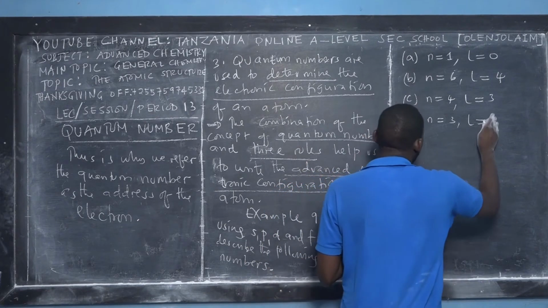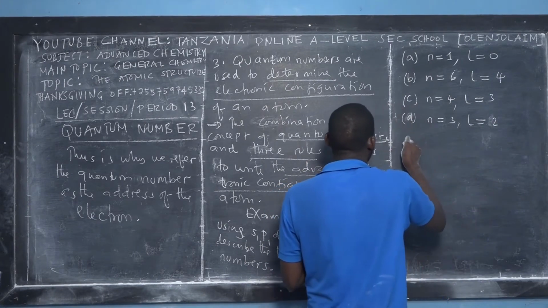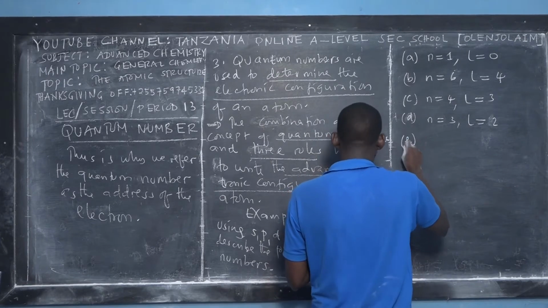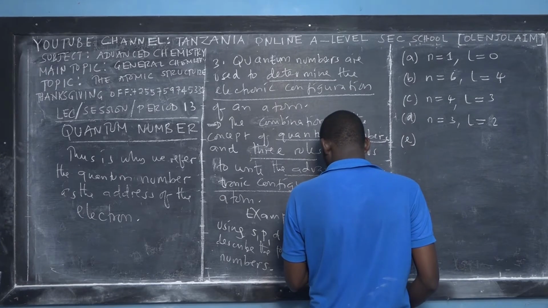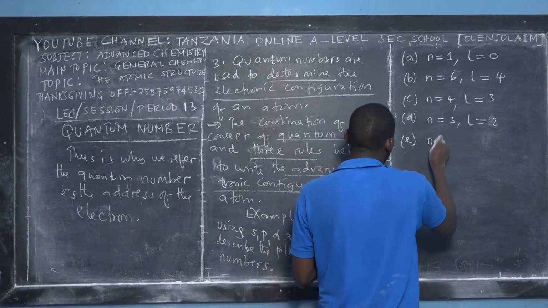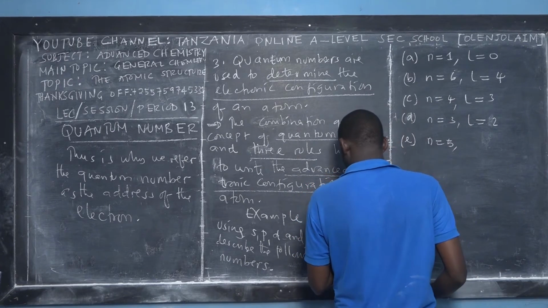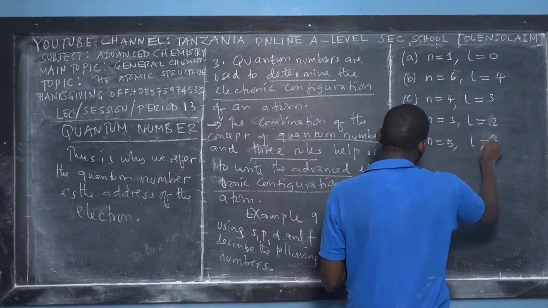Now l is equal to 2. A, B, C, D, E. Say that n is equal to 5 and l is equal to 4.